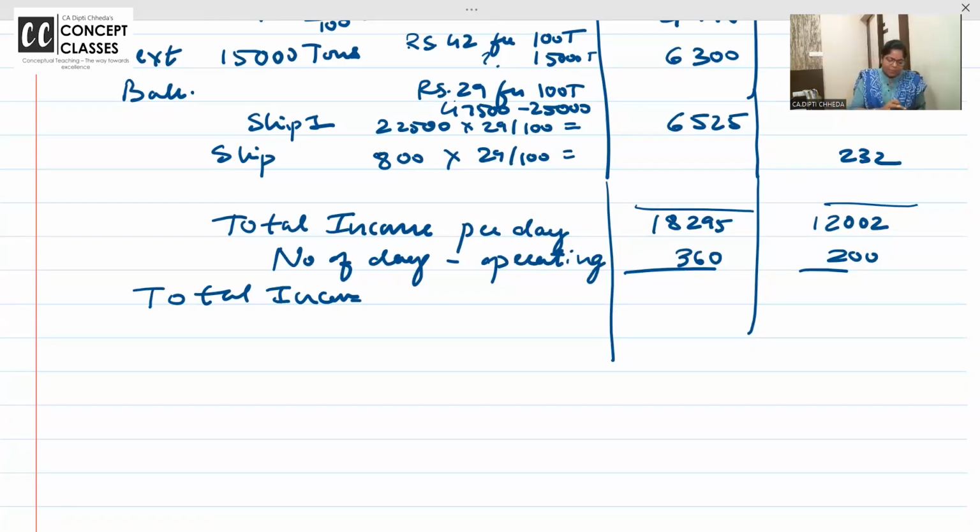Ma'am, if there are 5 ships, we will have to make 5 columns. 18,295 into 360 gives 65,86,200, and 12,002 into 200 gives 24,00,400. Take your time, ask your doubts.